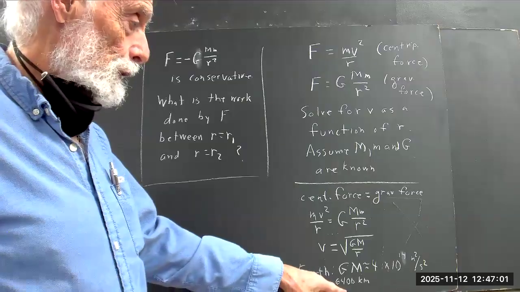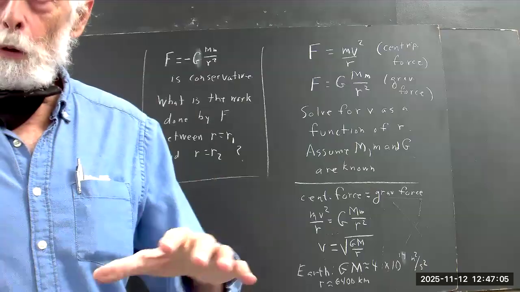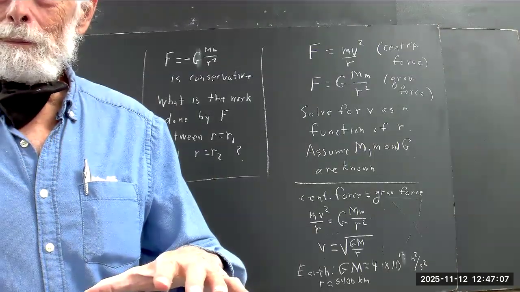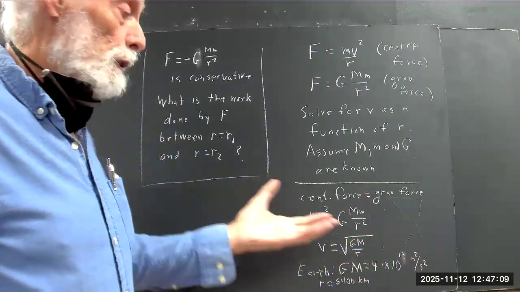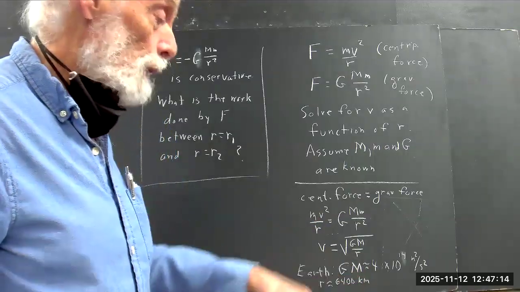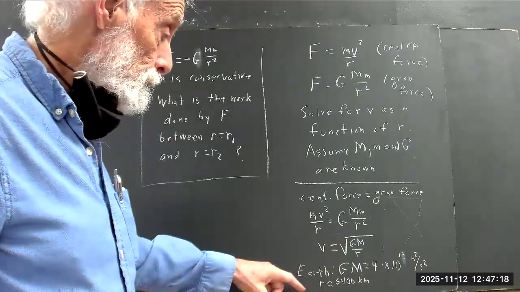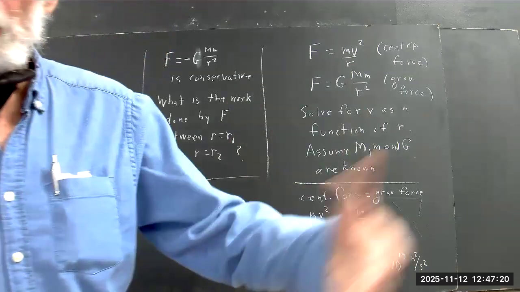So let's just say 6,600 kilometers would give you the velocity of a low Earth orbit. So you see, it's easy to calculate, right? All you've got to have is the gravitational constant, the mass of the Earth, and the radius of the orbit.